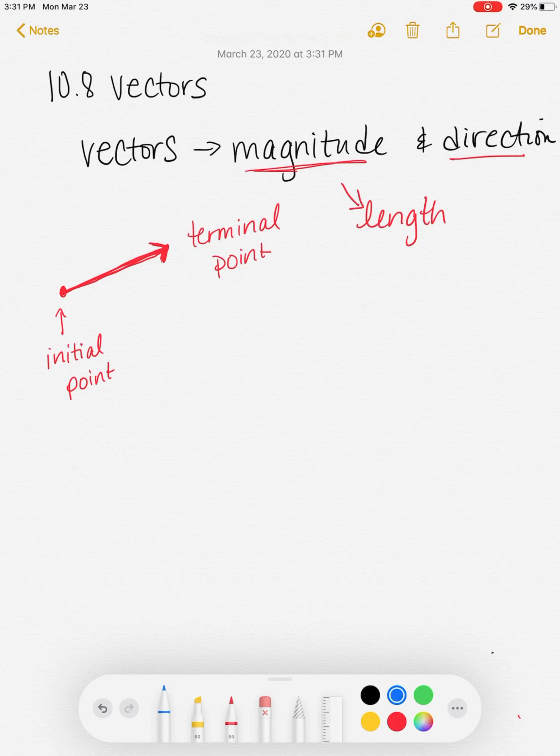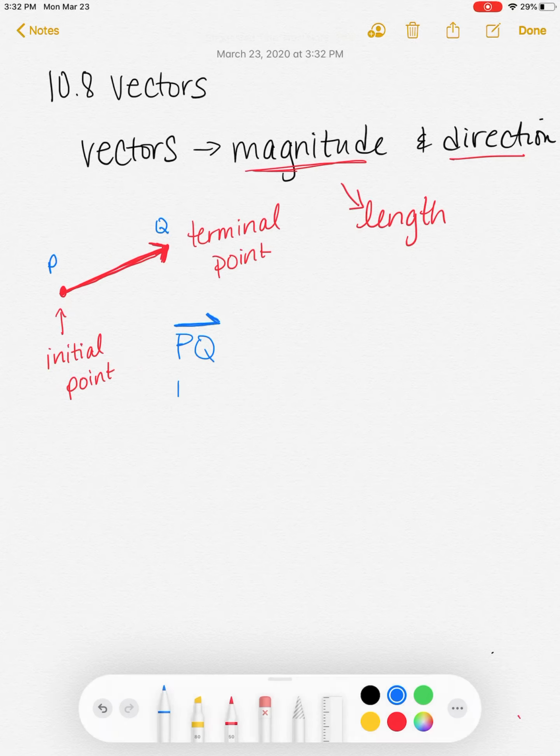And just a quick note, let's say we're going to label this P and Q. The way we label a vector, thinking back to geometry, when it was a line segment, we put a little line over it. Well, when it's a vector, we put a half arrow over it.